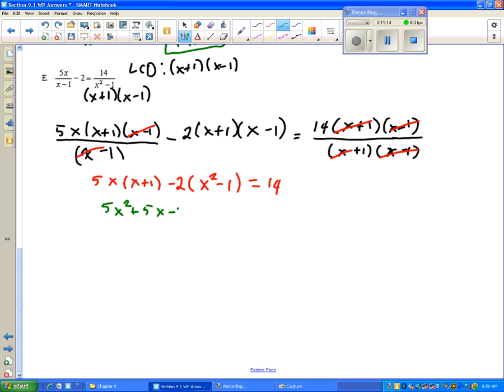Distribute this negative 2: minus 2x squared. Negative 2 times 1 is plus 2, equal to 14. Combine like terms. 5x squared minus 2x squared is 3x squared plus 5x plus 2, but I'm going to subtract this 14. So negative 14 plus 2 is negative 12.